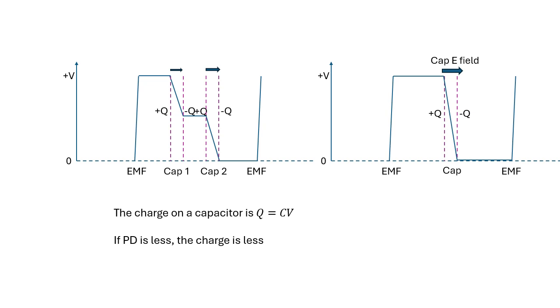If we compare that to the situation on the left, the two capacitors in series, they have a smaller potential difference across them. It's like the entire potential difference is spread across two insulating gaps. It means that each of those capacitors has a smaller charge on them.